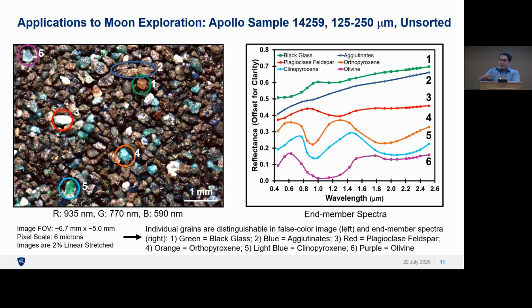If you had just your typical point spectrometer, all of those minor phases would be blended, and you might get maybe one or two phases from that spectrum. But by having this all at the microscale, we can get at not only the major phases, but also the very minor phases present in the regolith that otherwise we would have missed. Next slide.